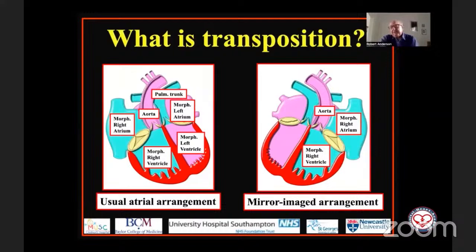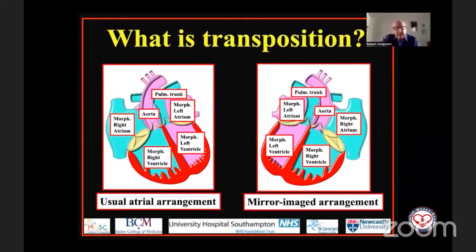And in this instance, usually the aorta will be left-sided. And so on the other side of the heart, it's right-sided, the morphologically left atrium pumping into the morphologically left ventricle, also right-sided, into the pulmonary trunk, the two circuits being in parallel rather than in series.